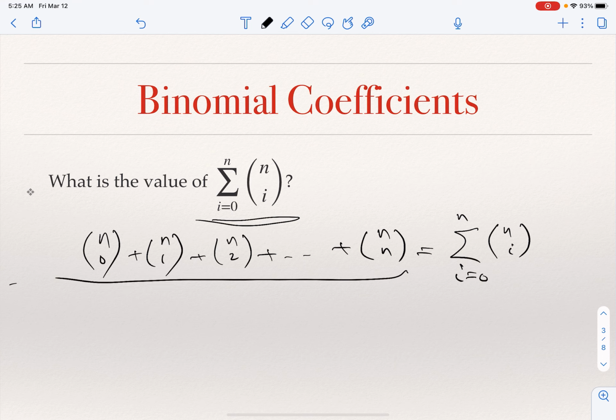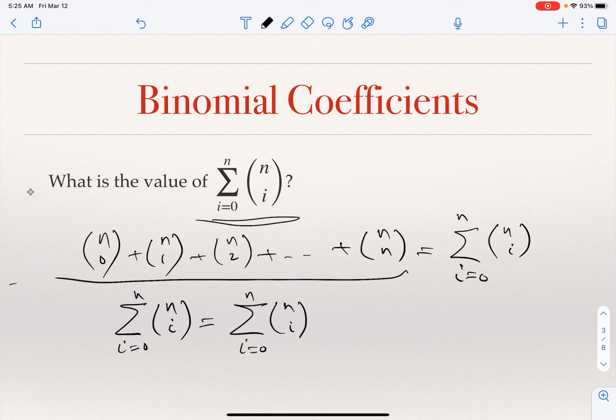The question is, what is this summation? I can use the binomial theorem to evaluate it. I can introduce ones that are not shown here: 1 to the n minus i, and another 1 to the i.